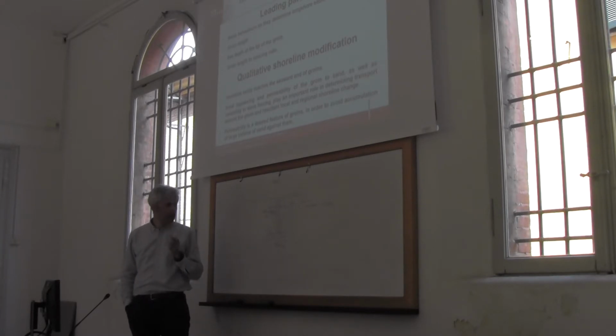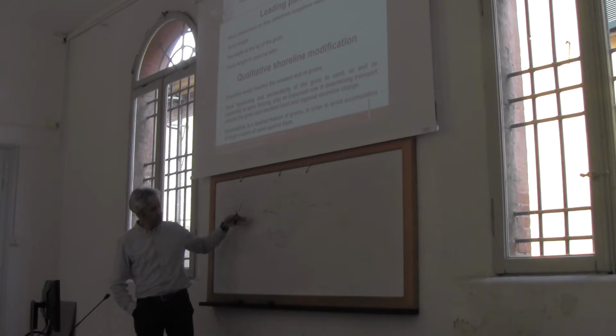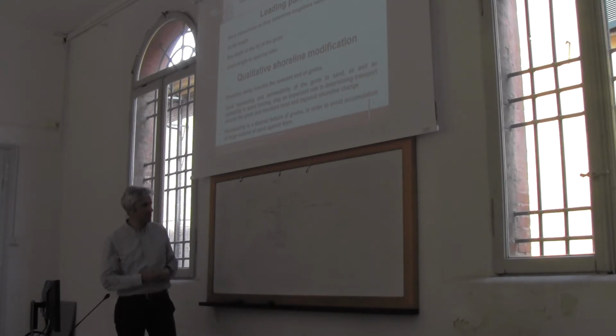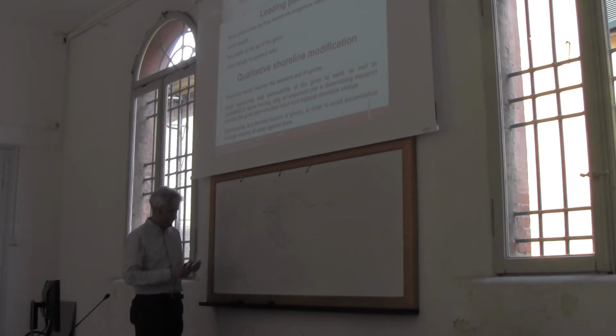I think that the reason for using the T-shape is to make the effect of the groin heavier. So if you want to better trap the sediments, like for instance, sometimes you have a harbor here. Here you have a harbor. And what you do is that you make a protection like this.